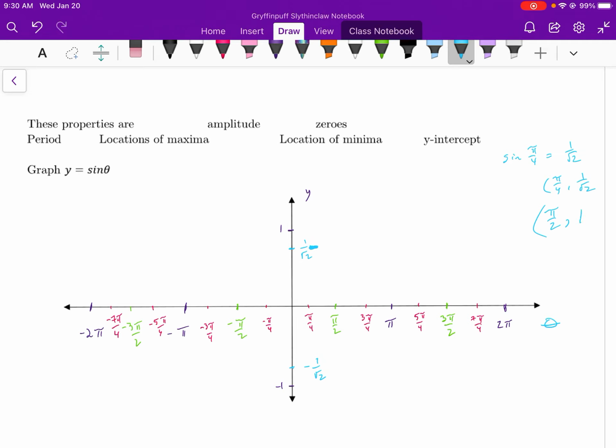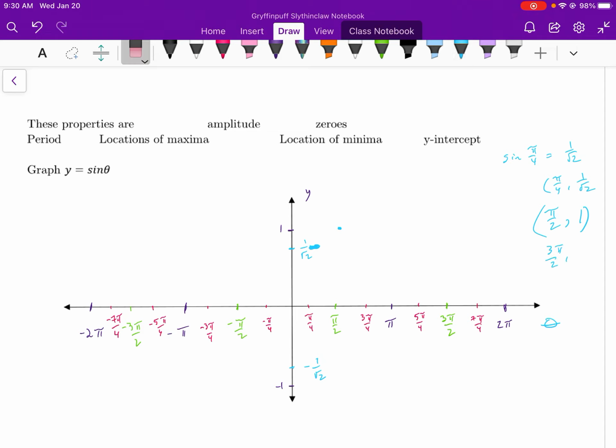I also know that the angle pi over 2 has a sine value of 1. So far I have exactly 2 points.